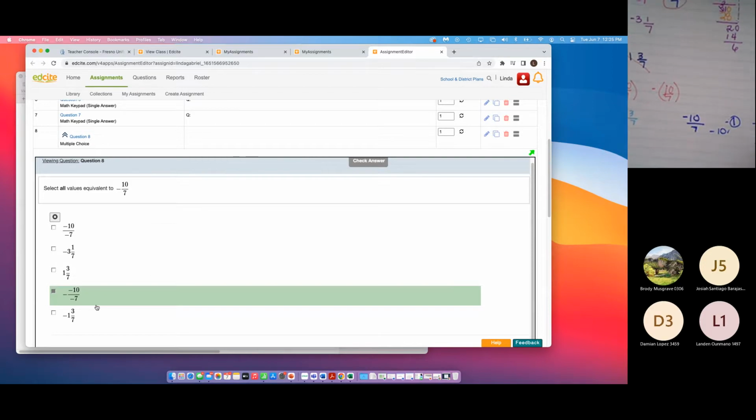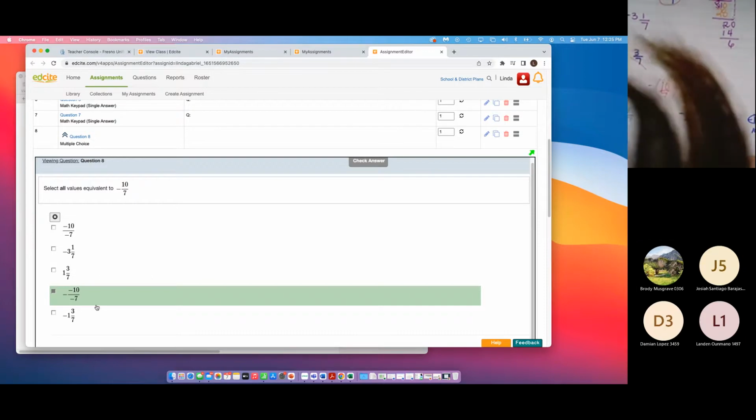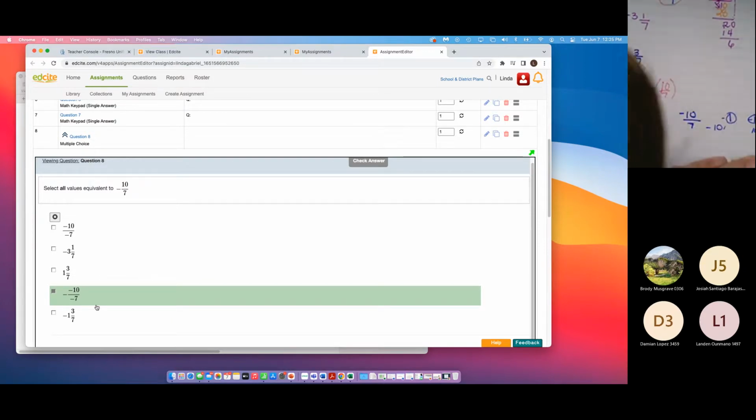Because I pulled my 7 over 7 out, right? Because 7 over 7 is equal to 1. So I had -10 over 7, but I needed to subtract, which is negative, my -7 over 7, right? This then turns into my plus. 2 negatives make a positive in math. -10 plus 7 is equal to -3 over 7.